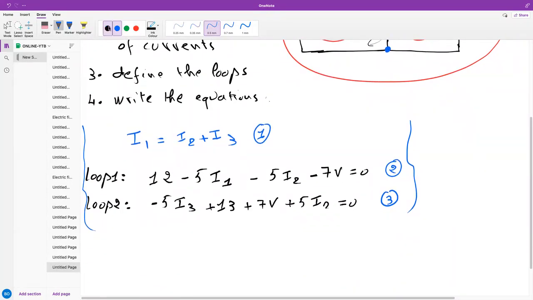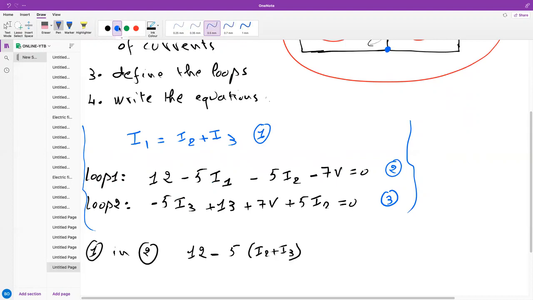Let's take equation 1 and plug it into equation 2.